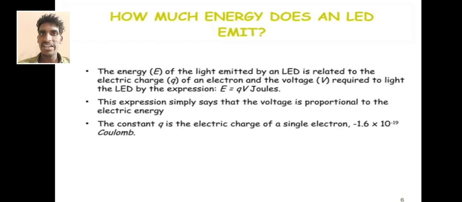This expression simply says that the energy is proportional to the voltage, where Q is the constant, the electric charge of a single electron, that is minus 1.6 into 10 power minus 19 coulombs.